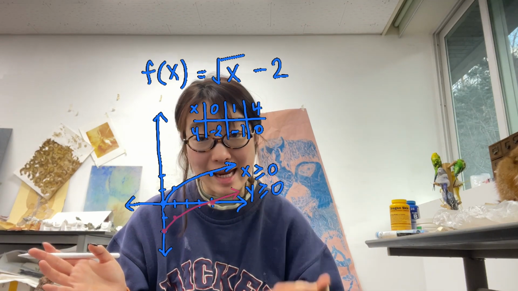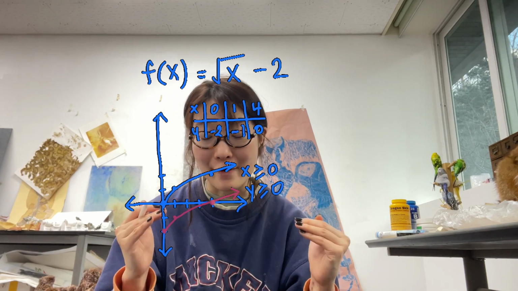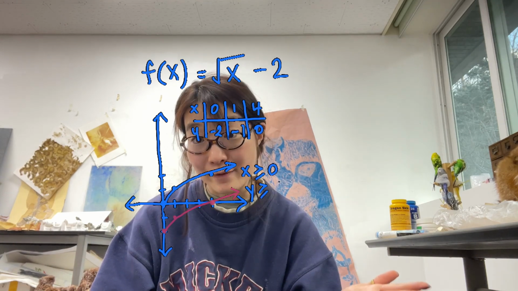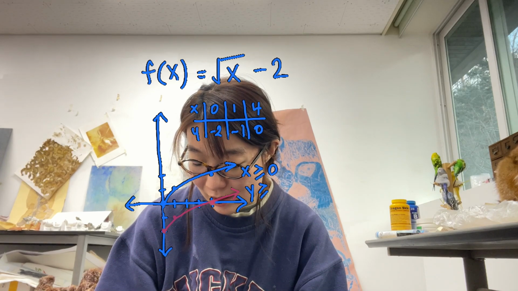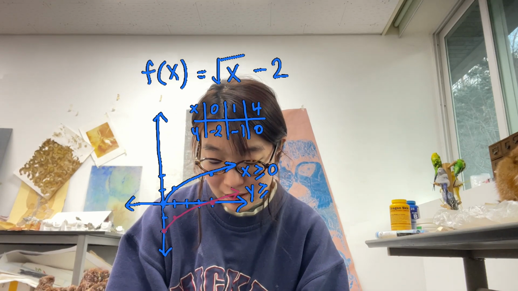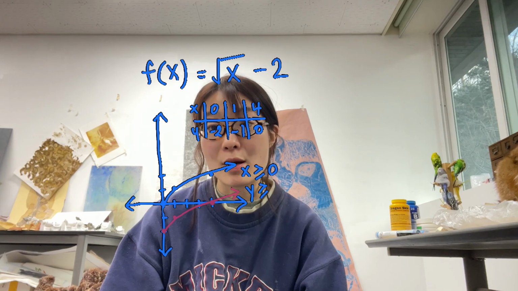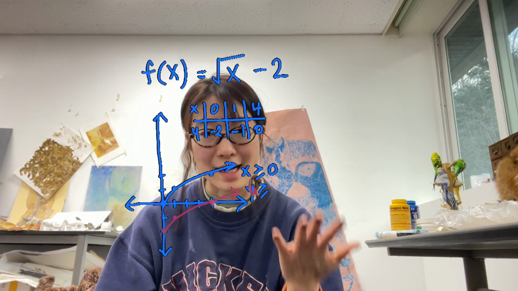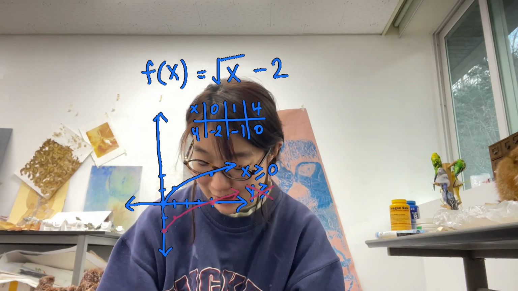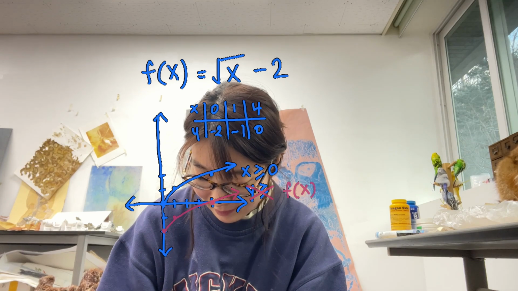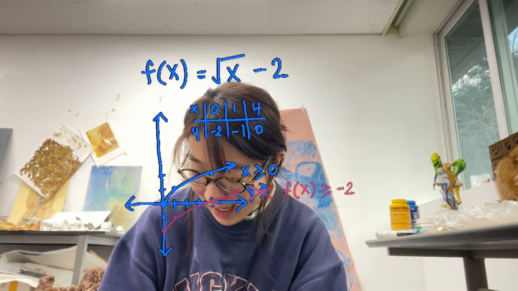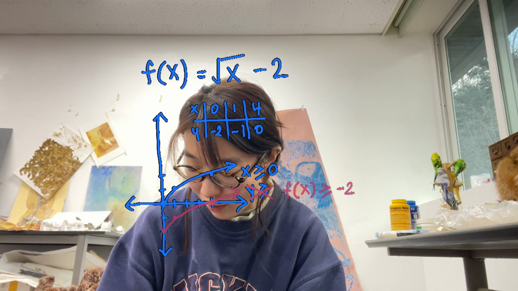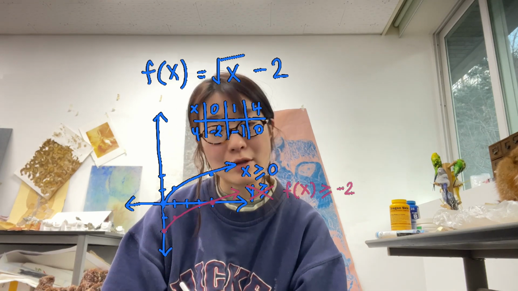But in this case, our minimum y value would be negative 2. So therefore, my range should be y is bigger than or equal to, or in this case actually should be function of x, function of x is bigger than or equal to negative 2.